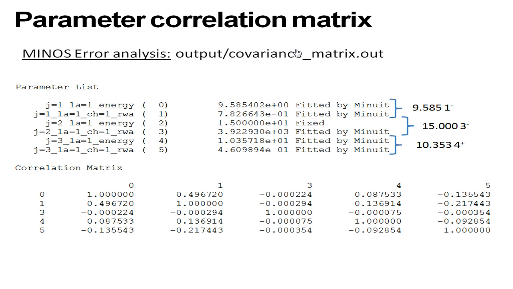This is the biggest off-diagonal element, 0.49, which tells you that the energy of the 9.5 MeV state and its width are relatively loosely correlated. If you adjust the energy of that state, you can compensate for the increase in the chi-squared by adjusting the width slightly. But 0.5 is a relatively weak correlation.